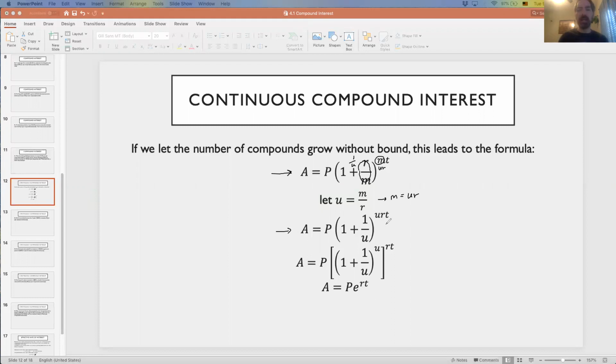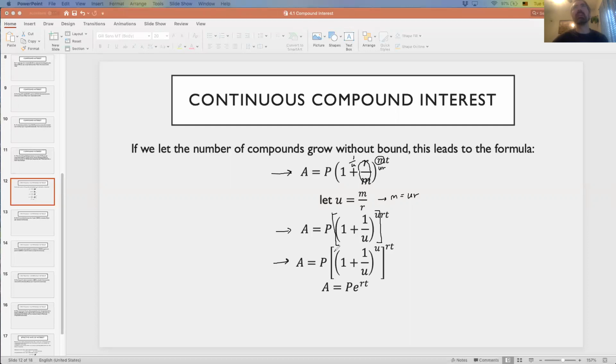And then by regrouping here, if we were to take this (1 plus 1 over U) raised to the U and then raise it to the RT, then it gives us this line.